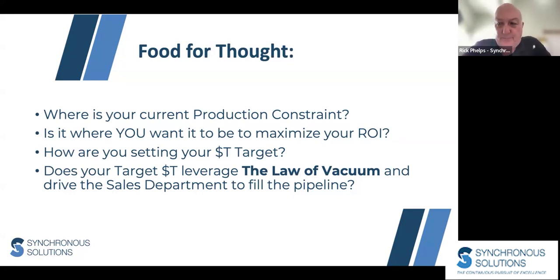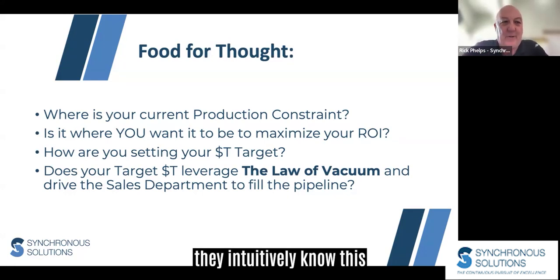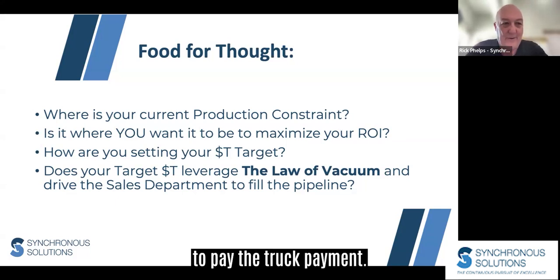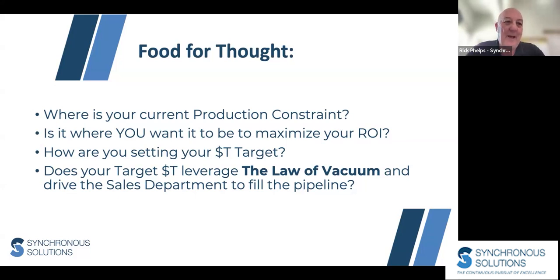Smaller businesses, they intuitively know this, because when it's just you and a couple of folks fabricating countertops, you understand that, right? Because it's your budget. You don't have enough money to pay the truck payment, so you go out and find some work, right? Or you don't buy a new truck.